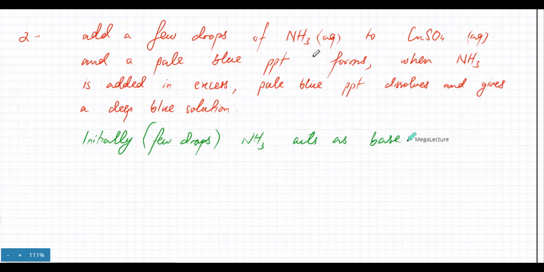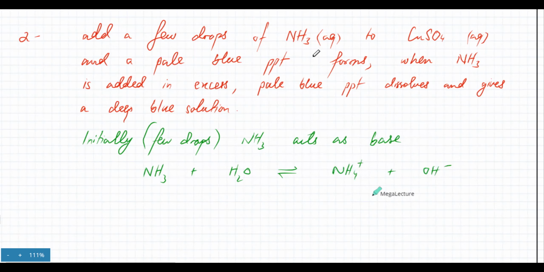What that basically means is that because you're adding so little NH3, just a few drops, they're going to react with the water that's in the solution. And they start reacting with the water, and NH3 is a base. So it gains the H plus 1 ions from the water, resulting in the formation of OH ions.